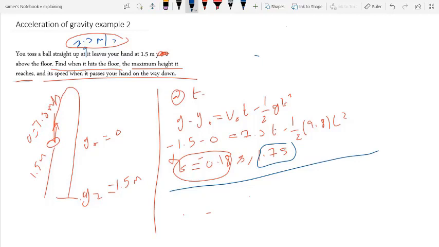Now we need to find the speed when it passes your hand on the way down. So we need to find v here.